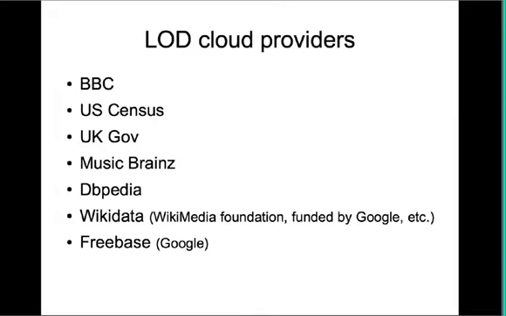It's a Wikipedia extraction. And then there are two interesting projects coming out, which I think will grow much larger than the others. Wikidata is kind of the successor to DBpedia.